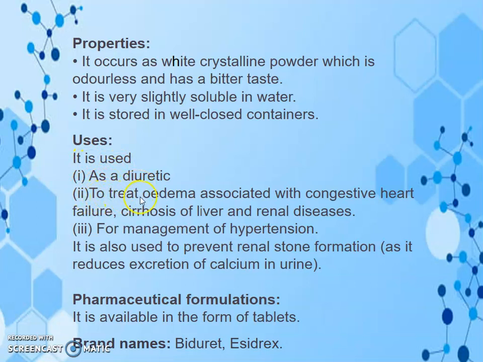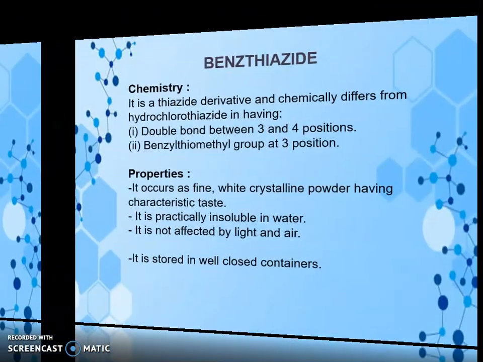It is also used to treat edemas associated with congestive heart failure, cirrhosis of liver and renal disease. It is used for the management of hypertension, and it is also used to prevent renal stone formation as it reduces excretion of calcium in the urine. Pharmaceutical formulation: it is available in the form of tablet and the brand names are Esidrix and Ezidrex.